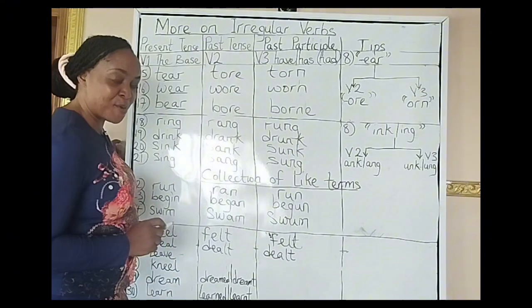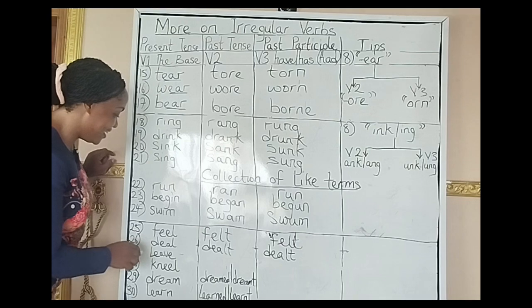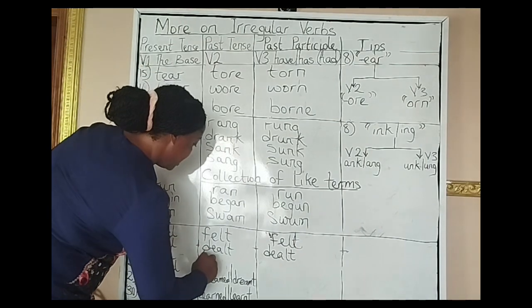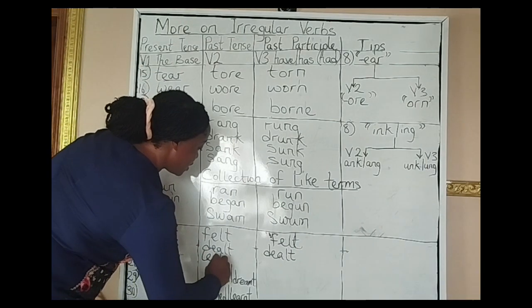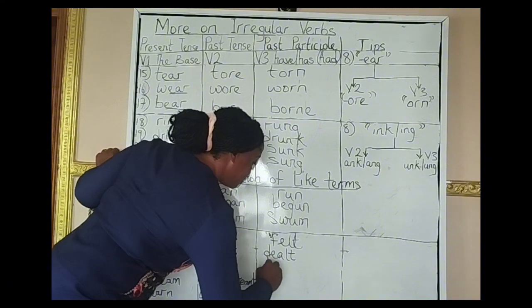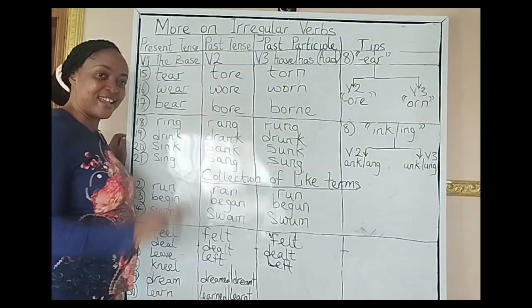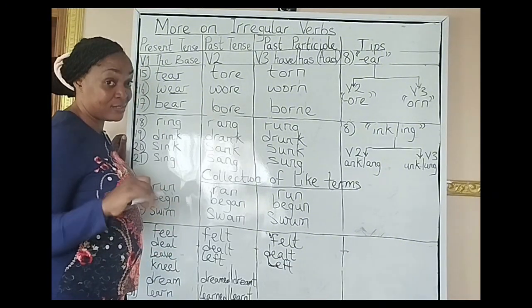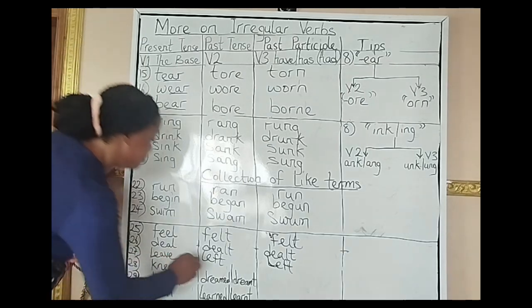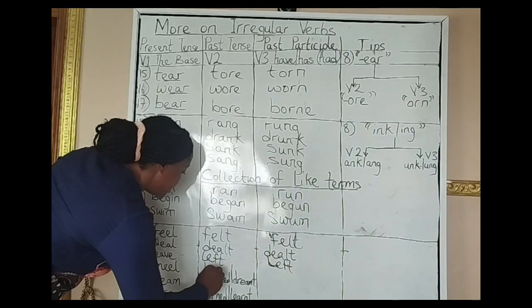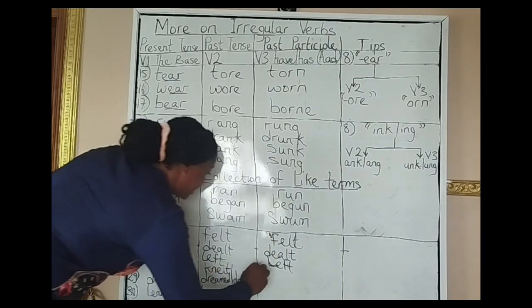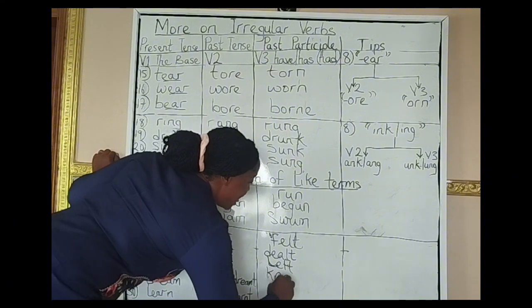We have dealt with the problem of irregular verbs. Okay, leave. Left. And here becomes the same thing. That's why I called it a collection of like terms. Okay, kneel becomes knelt. And here becomes knelt.